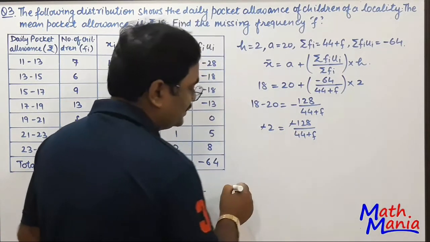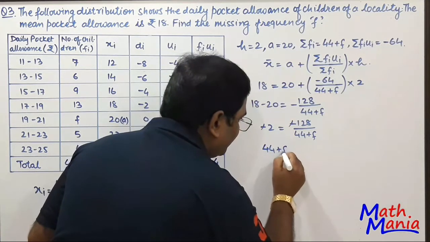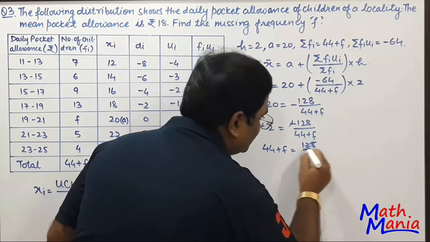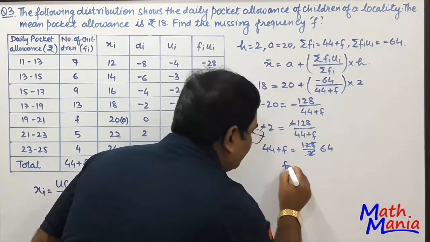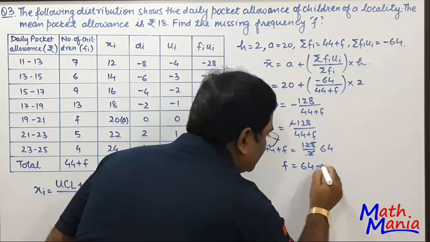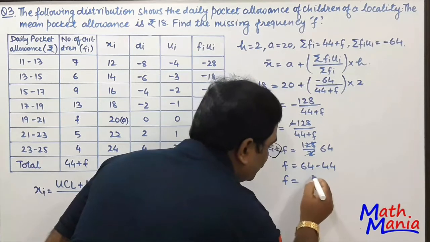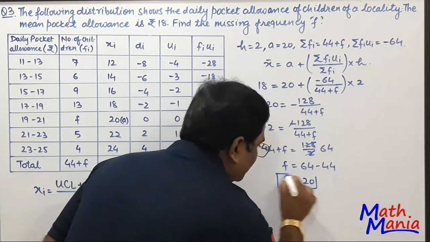Minus is cancelled, so it can be written as 44 plus f is equal to 128 divided by 2, that is equal to 64. So f is equal to 64 minus 44. So f is equal to 20. That is our missing frequency.